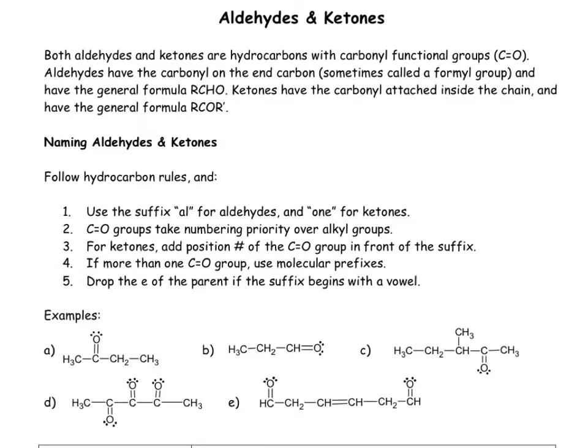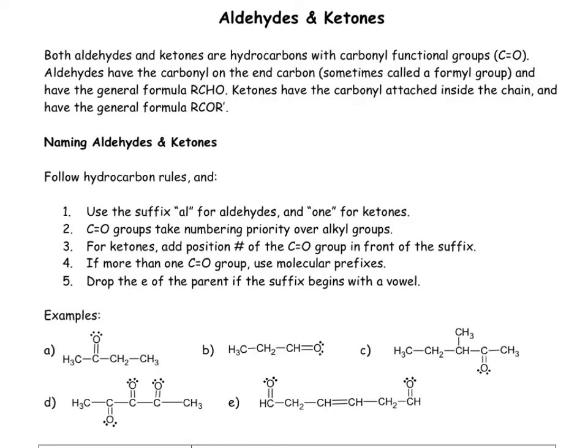Both aldehydes and ketones are hydrocarbons with carbonyl functional groups, or C double-bonded O's. Aldehydes have the carbonyl on the end carbon. It's sometimes known as a formyl group in other texts, and they have the general formula RCHO.